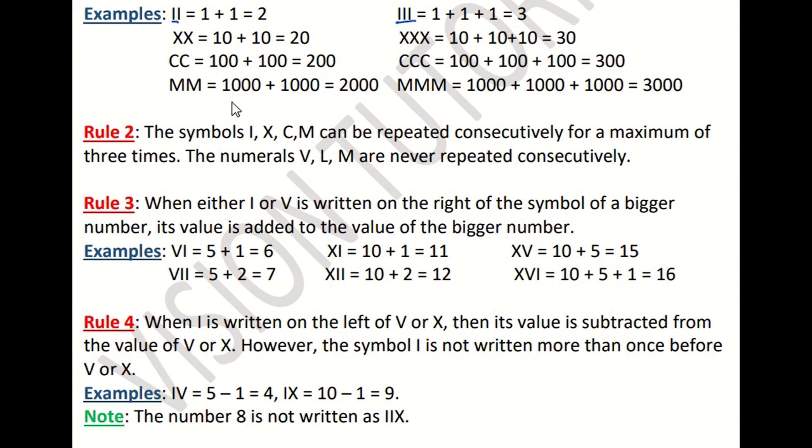But I didn't give you examples like 4 times I or 4 times X or 4 times C. Okay, because they are not allowed. So repetition beyond 3 times is not allowed.